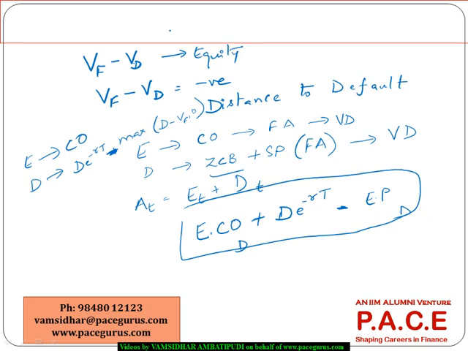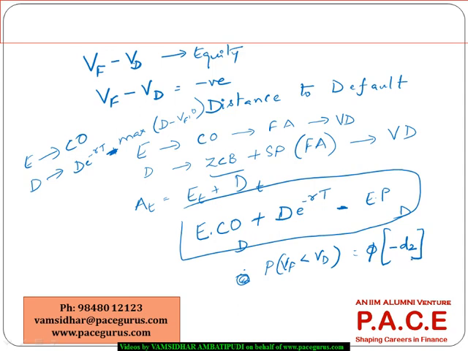And then we are talking about the probability of default. Now in this case, the probability of default I can get directly from a standard normal distribution function. The probability that the value of the firm is less than the value of the debt is nothing but I could very well take N of minus d2.